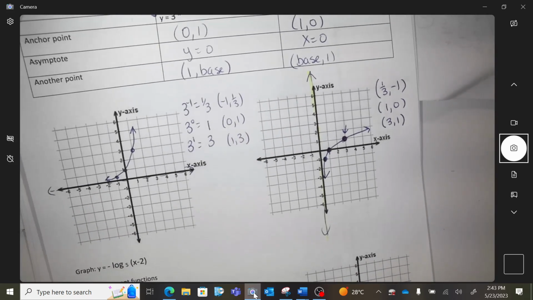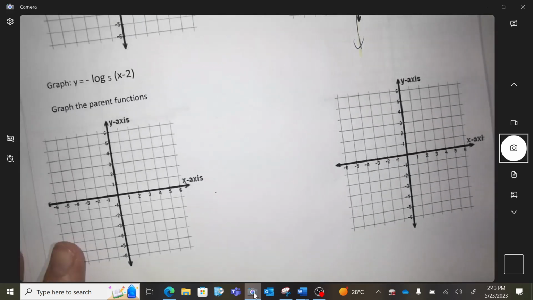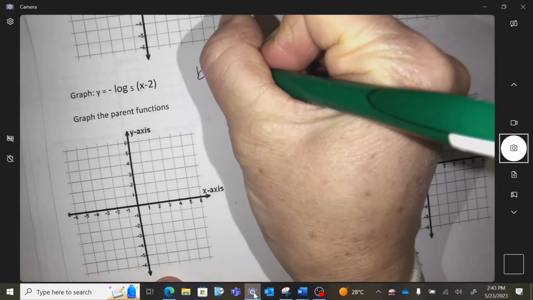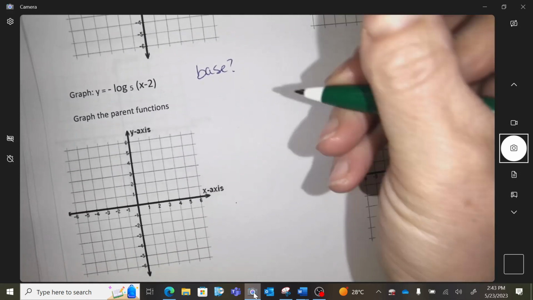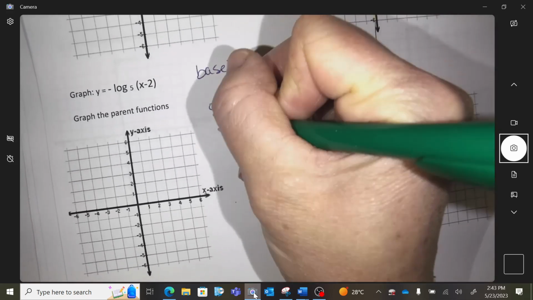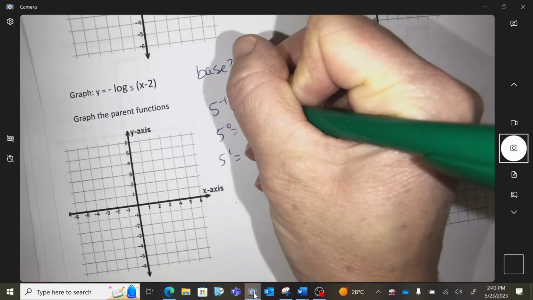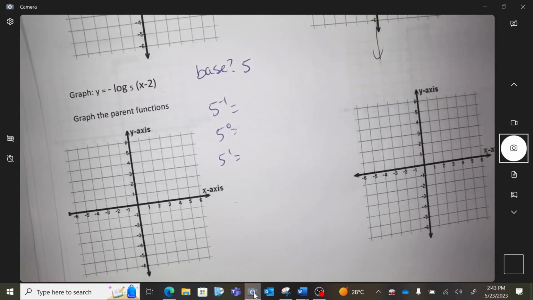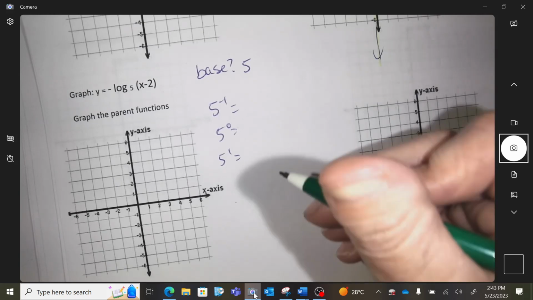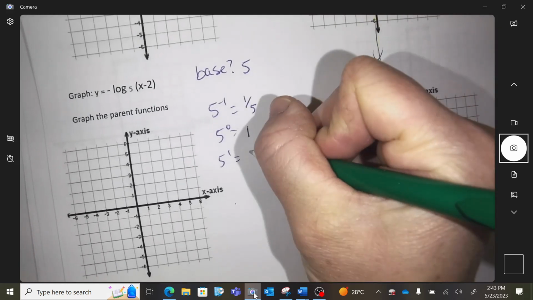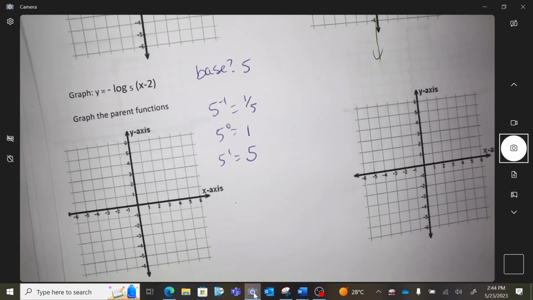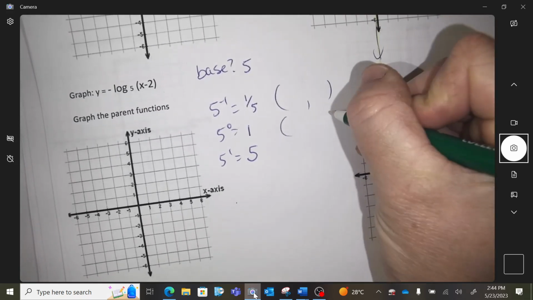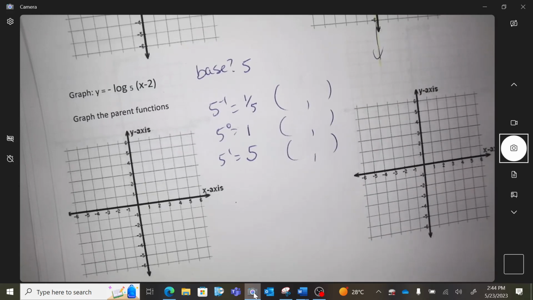Okay, let's do another one. What's the base? 5. So 5, -1, 5, 0, 5, 1. One-fifth, 1, and 5. Okay, this is a log graph.